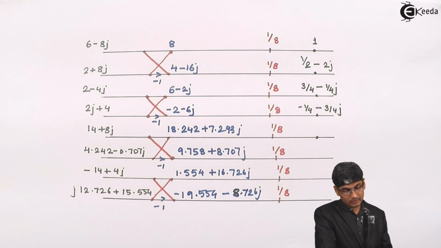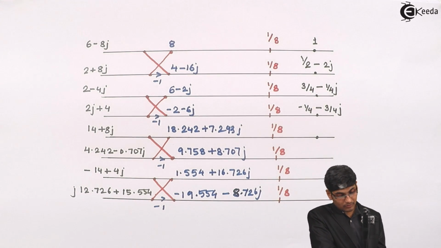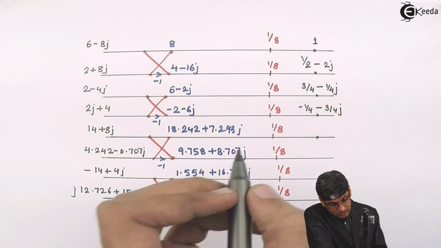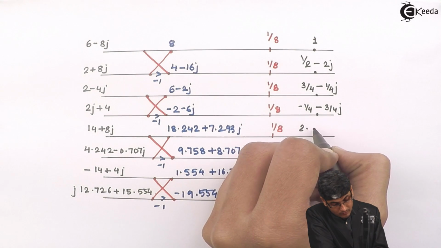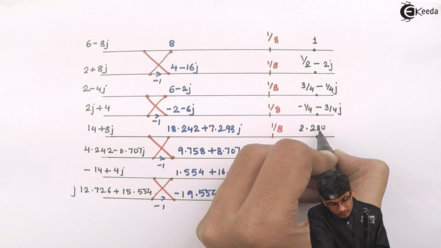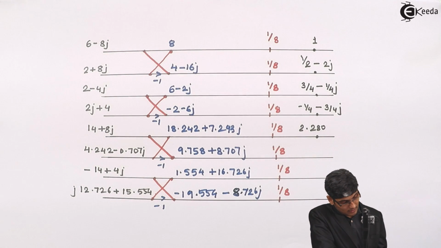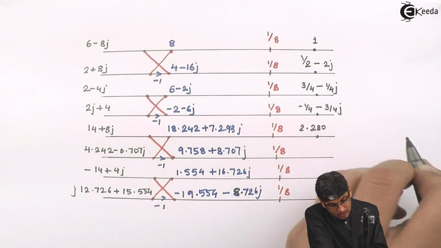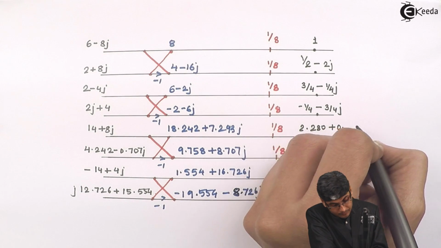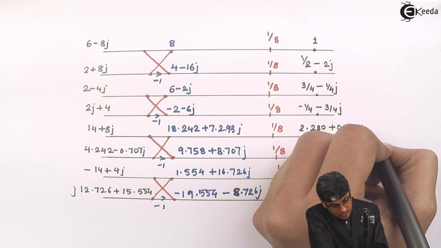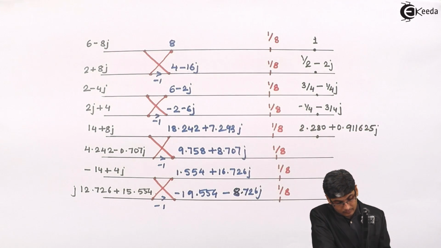Now when I divide this by 8, let us keep it in fractions. 18.242 divided by 8 will give me the solution as 2.280. Okay, and then I am going to divide 7.293 by 8. So I am going to get plus 0.911625j.